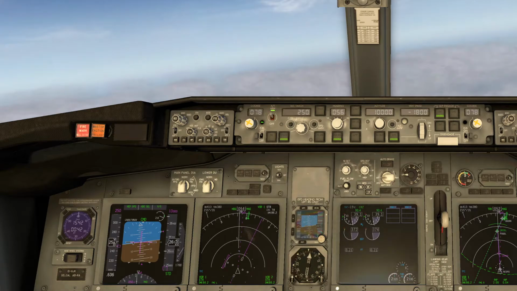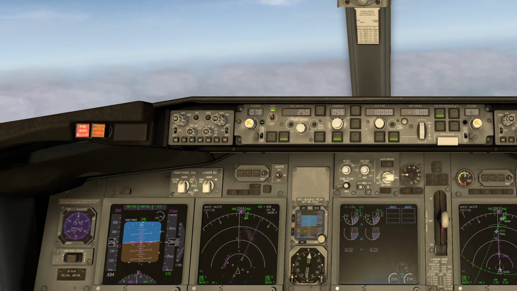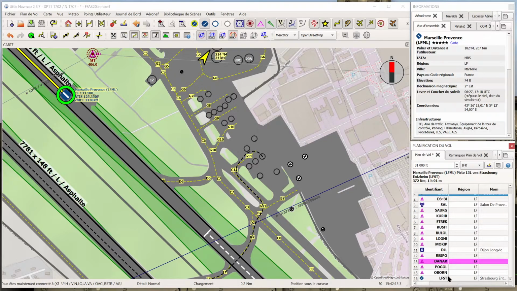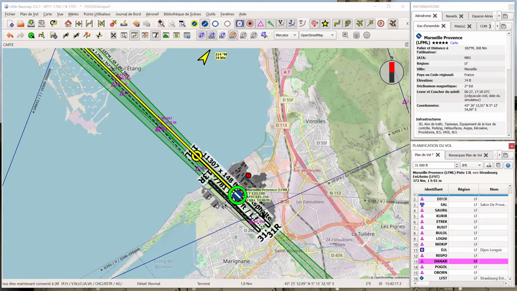Let's check for the arrival using Little Navmap and Active Sky weather. Can do a quick review of the departure.